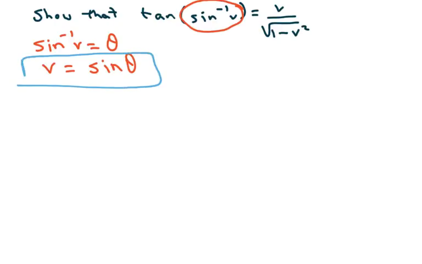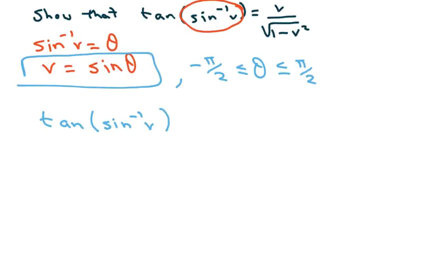For sine, our restrictions are in quadrant 1 and 4 again, but it can equal the endpoints because there's no asymptote. So let's just write this out again. We have tan of inverse sine of V equals tan of theta, which equals sine of theta over cosine of theta.